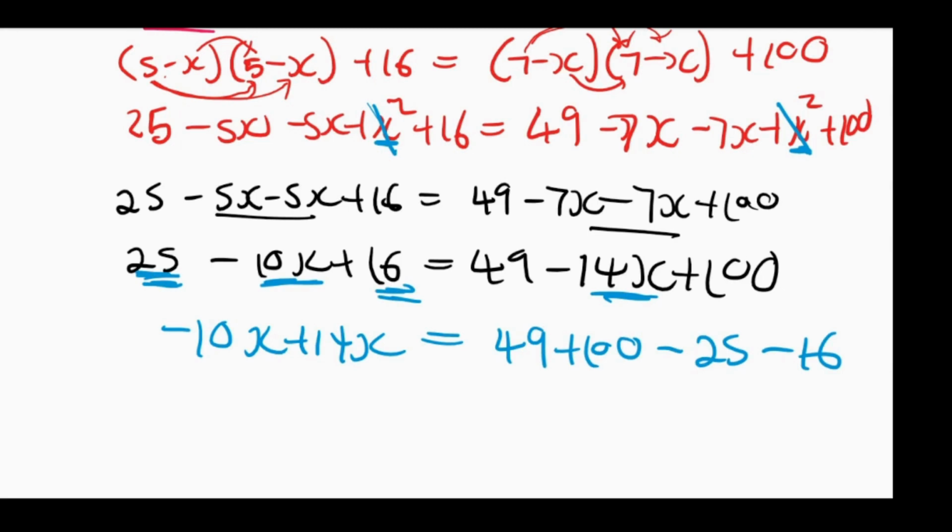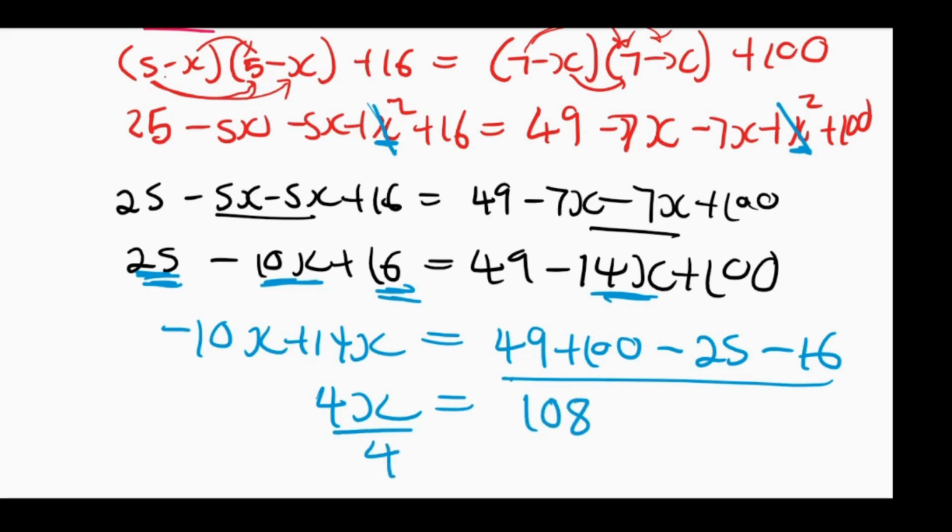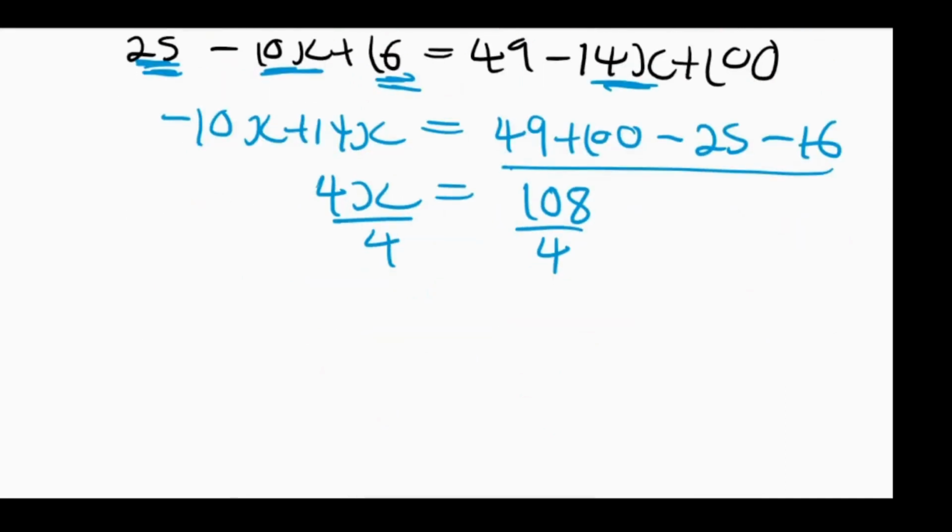So here minus 10x plus 14x is going to give you 4x equals to... So you're going to add the entire numbers here, and then you'll get 108, and then you divide by 4 both sides. So your x value is equals to 27.